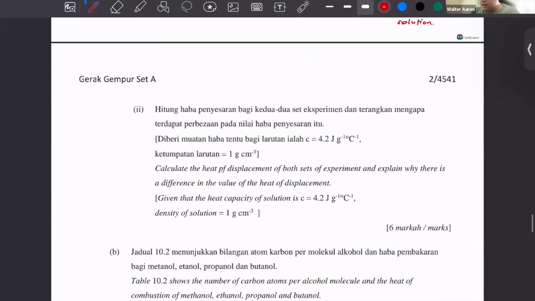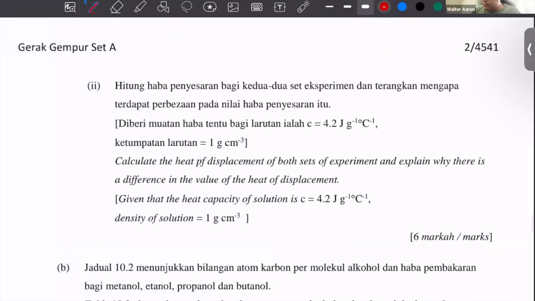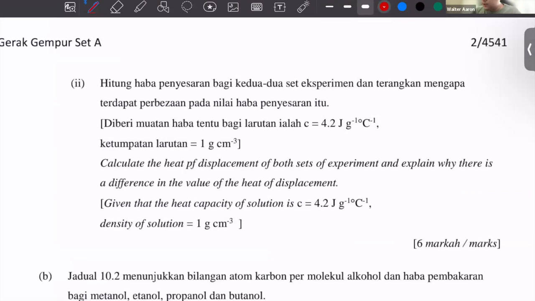All right. Then after that, it says here, calculate the heat of displacement for both sets of experiment. Explain why there's a difference in the value of heat of displacement, given that the heat capacity is 4.2 and the density of water is 1 gram per cm cube.